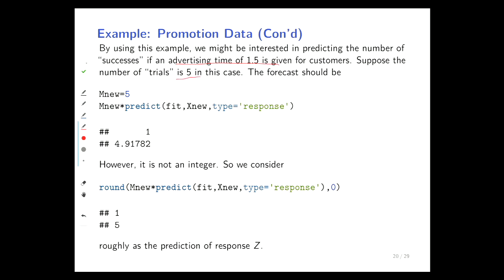So the total number of trials is 5. We need to know this information in order to predict the number of successes, the number of customers who are willing to buy the product. So we have some new value of m, so keep it here. And also, if you still remember, this is the forecast of probability of success.